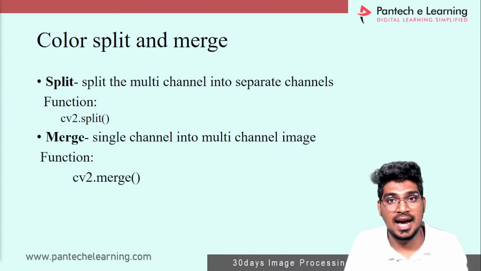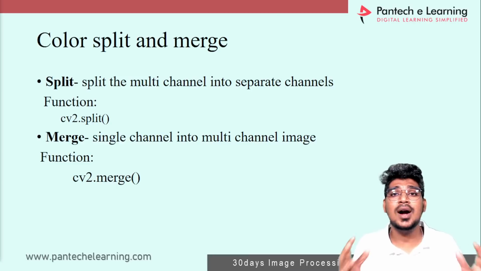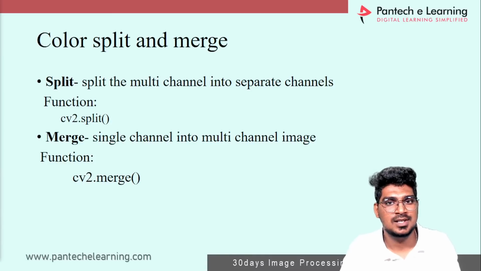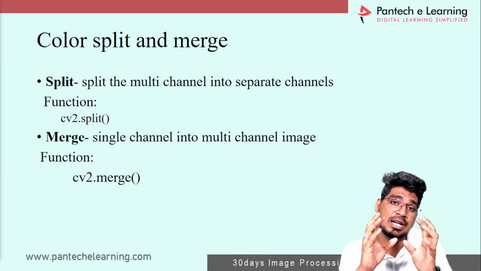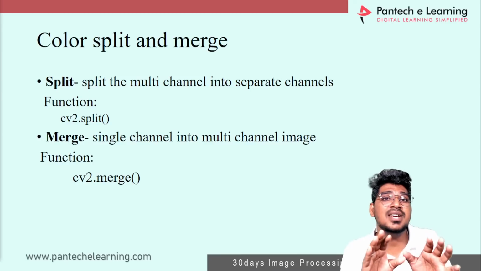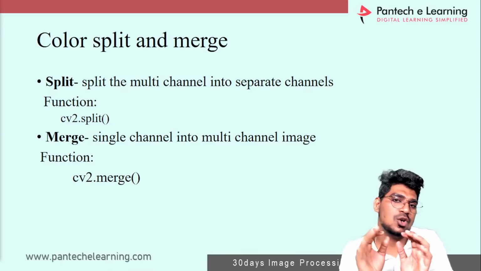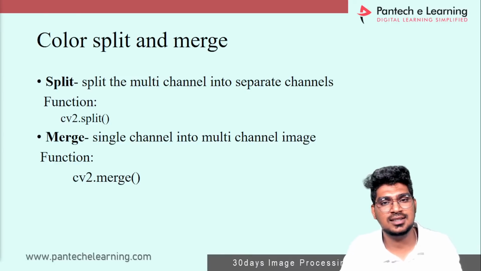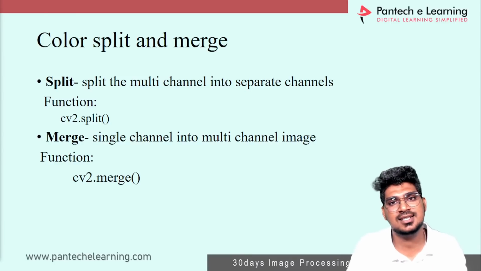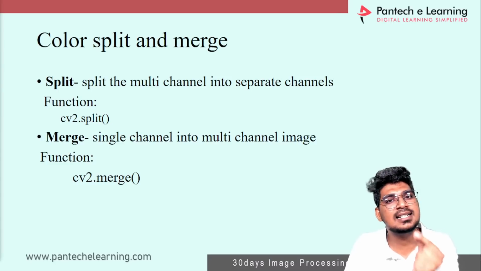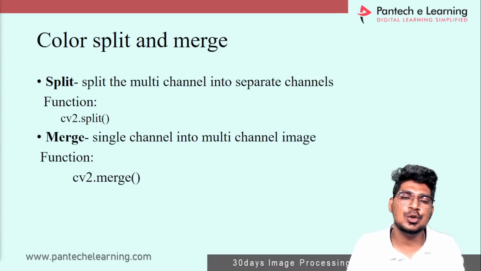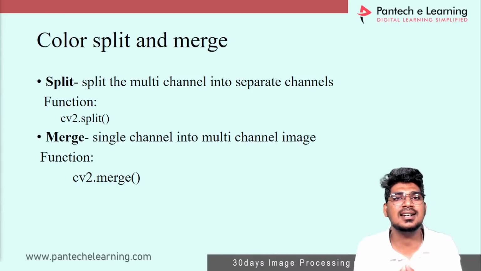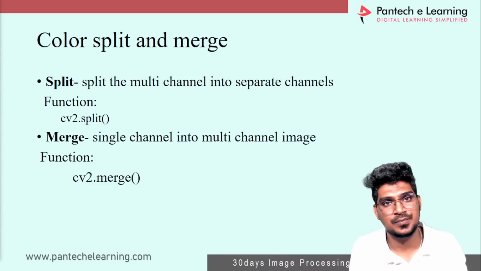Now let's go to one more thing: color splitting and merging. What is the purpose of splitting and what is the purpose of merging? This function, for example cv2.split(), helps to split the color channels. We have 3 channels, and one channel is 8-bit, so normally that image is 24-bit.